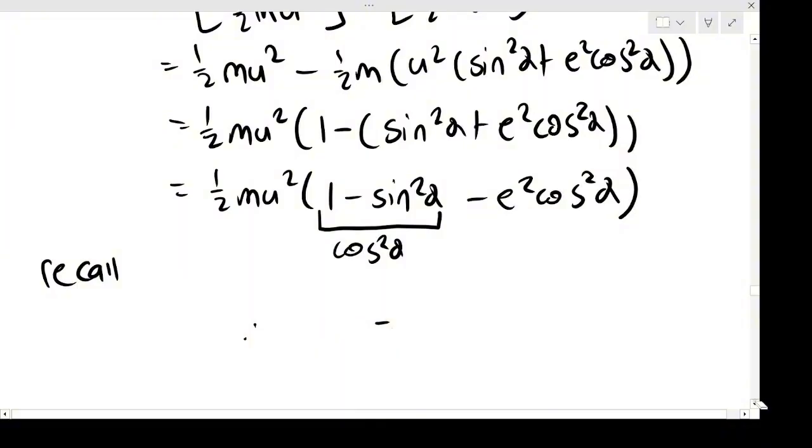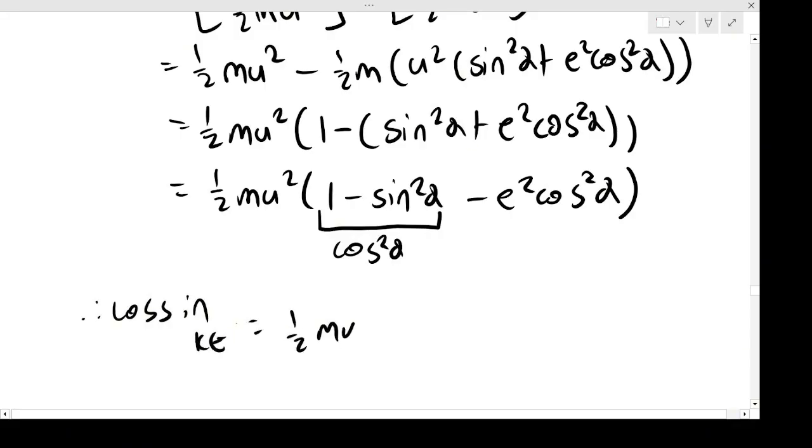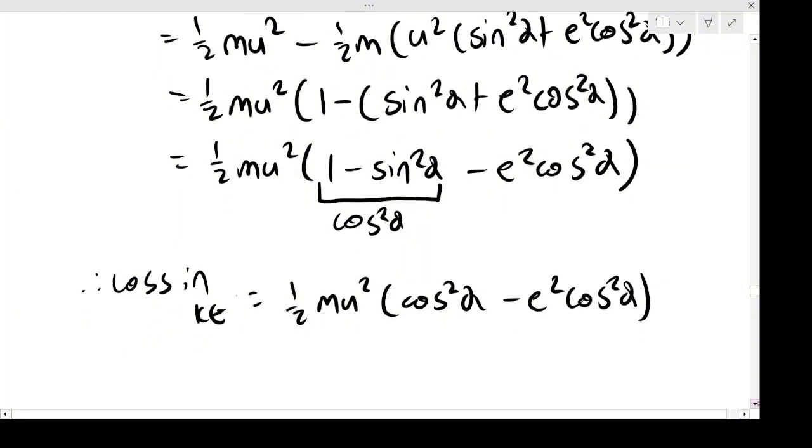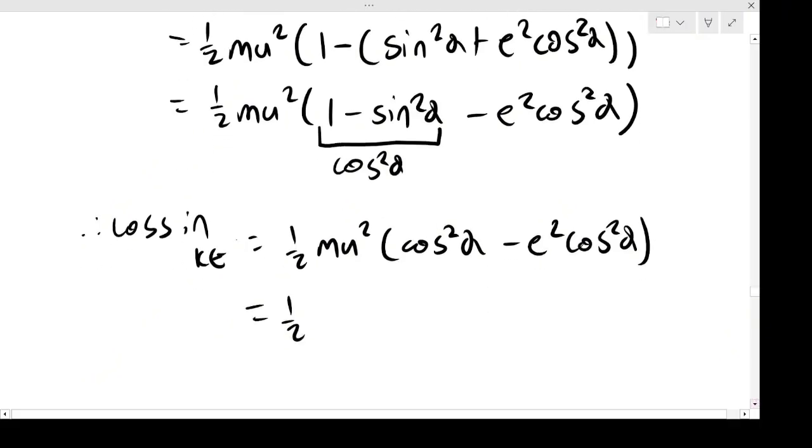So my loss in kinetic energy is just going to be half mu squared lots of cos squared alpha take away e squared cos squared alpha, and then I can further factorize a cos squared out. And so I get 1 take away e squared.